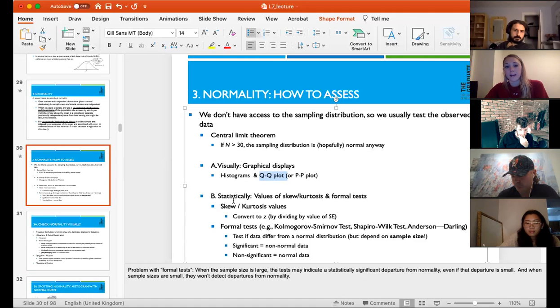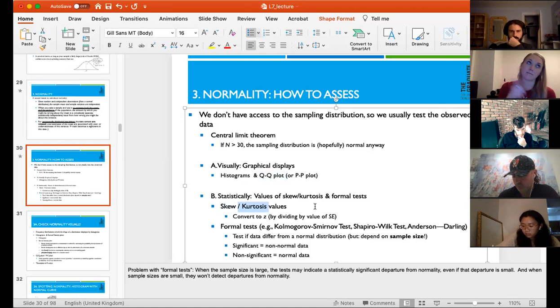And then lastly, we have a statistical test where we can actually look at statistically whether or not the skew and kurtosis of the distribution violates normality or is statistically skewed or has a statistically high significant kurtosis. So essentially what we're doing here is we're quantifying the skew and kurtosis of a distribution.